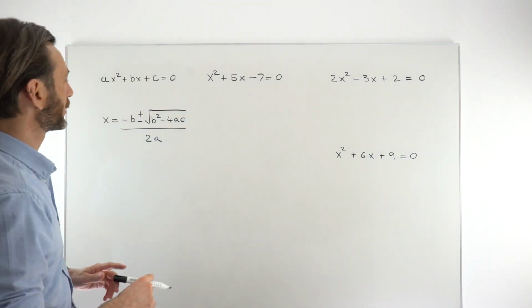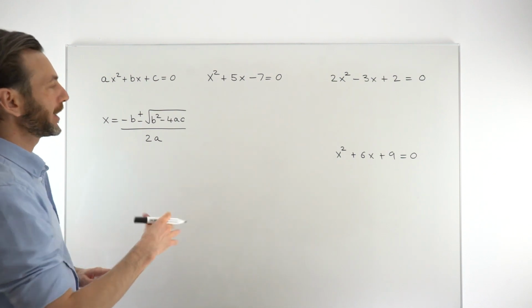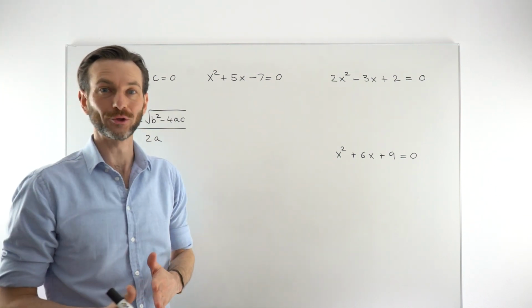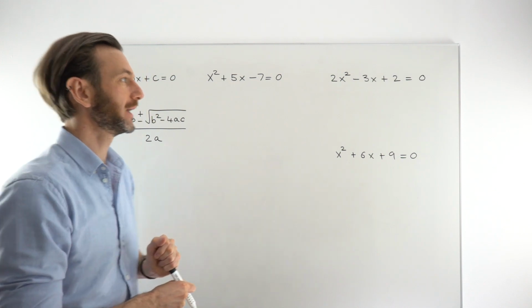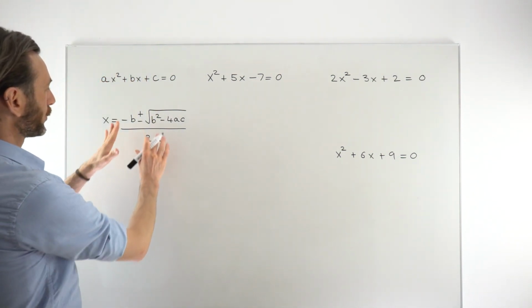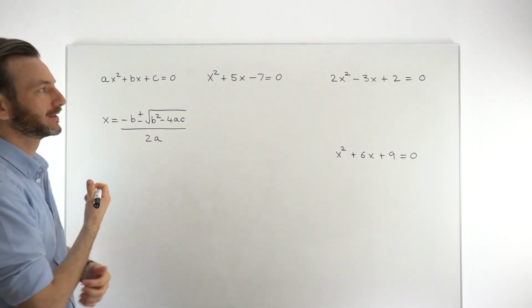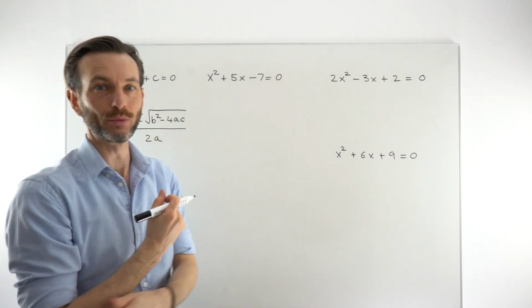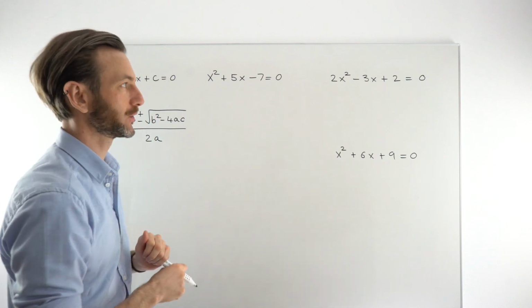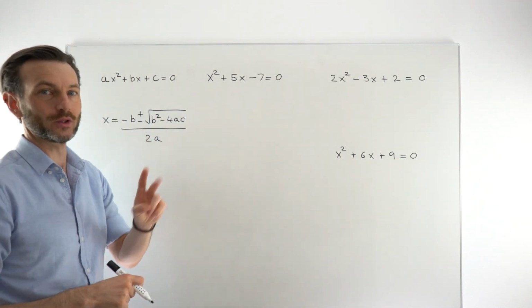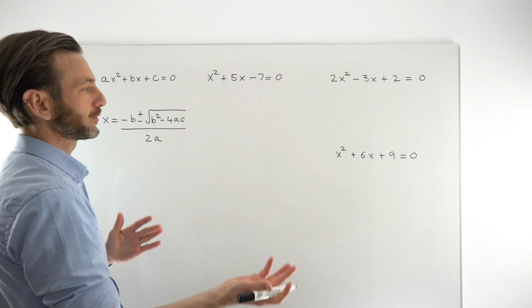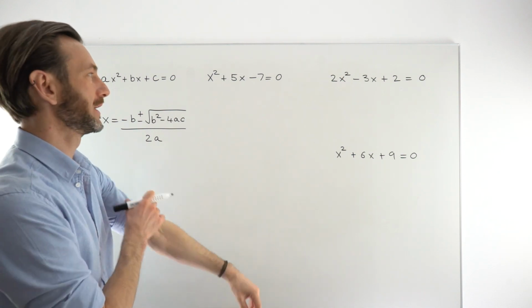But sometimes we're interested in only knowing how many solutions there are rather than actually finding the solutions. And we can use the quadratic equation to help us develop a method whereby we can determine whether we've got 0, 1 or 2 solutions. You can only have up to 2 solutions in a quadratic equation, but sometimes only 1 solution, and sometimes they don't have any.